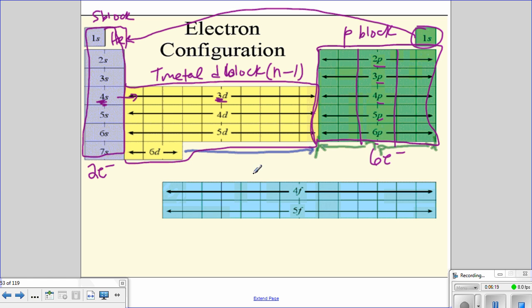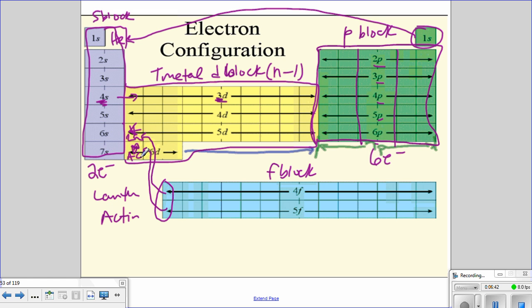The last one is called F block, and that's the lanthanide and actinide series. And that's because right here on the periodic table is lanthanum and actinium. And these 2 groups actually insert right into those spaces.